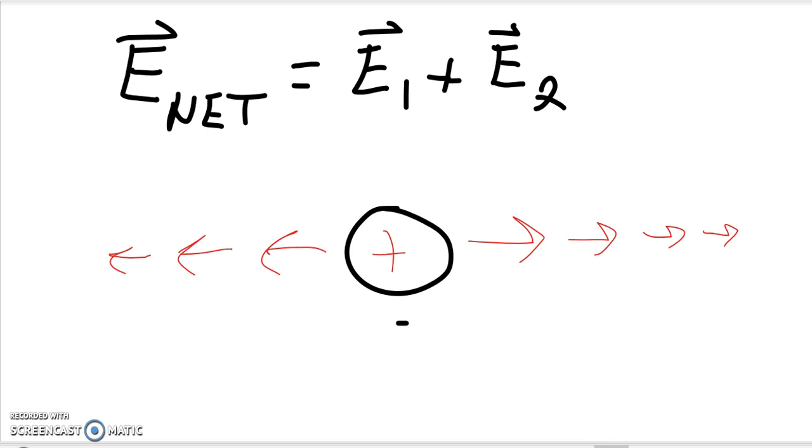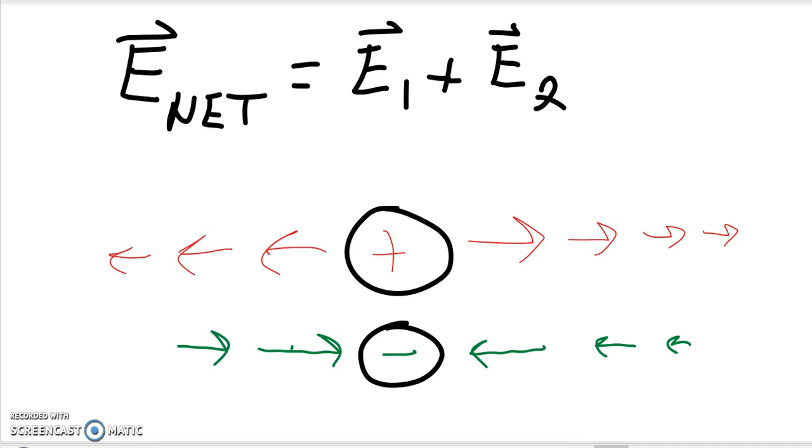Likewise, if I look at Q2, which is negative, the field lines are going to be pointing toward the charge. So the field lines along the axis are going to look something like this.